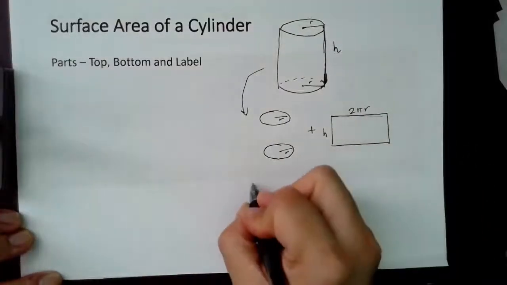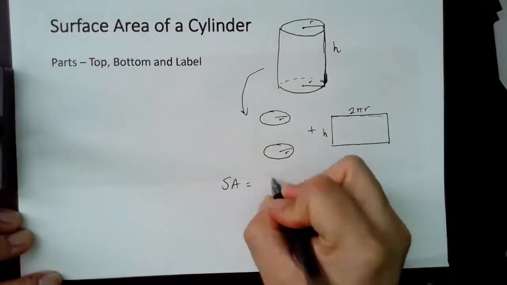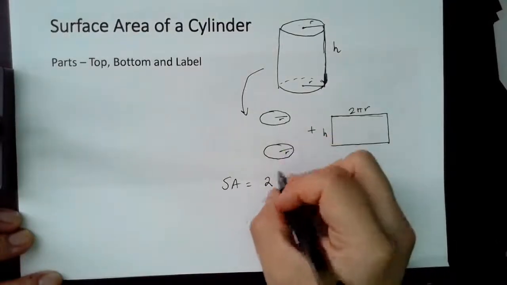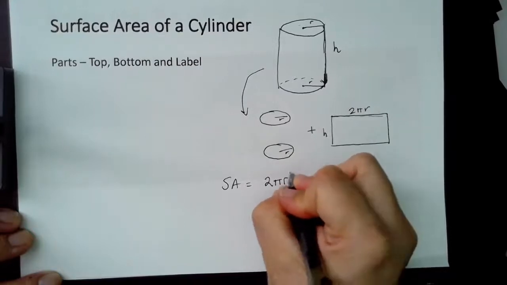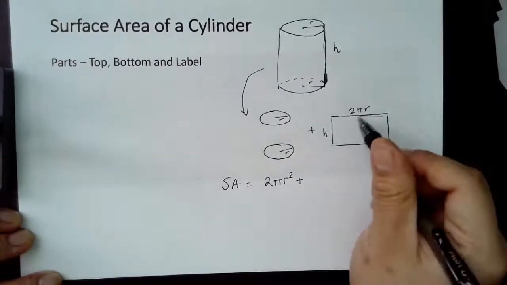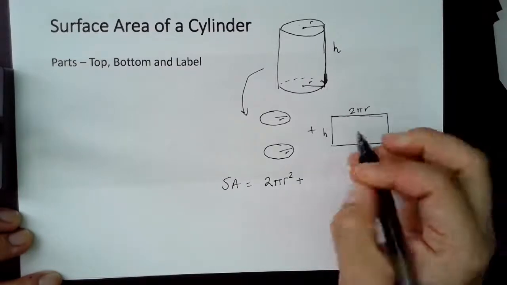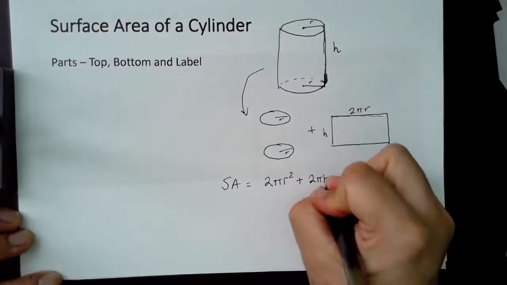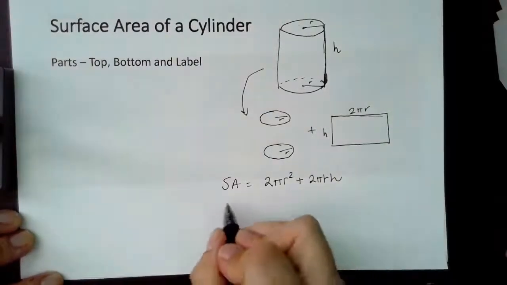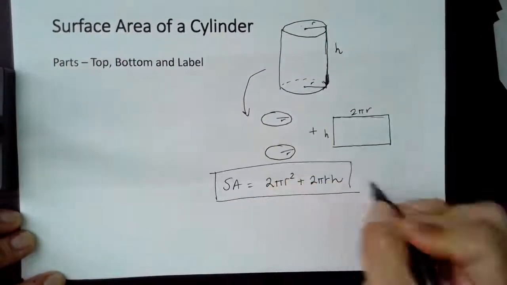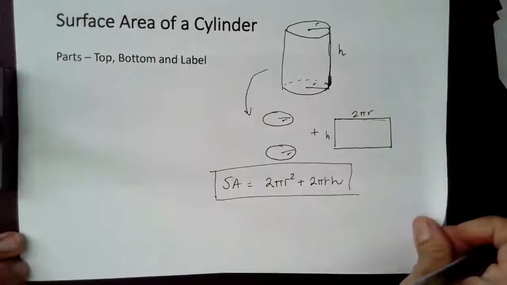The surface area is going to be 2 times, because there are 2 circles, the formula for area of a circle is pi r squared, plus, and then here you have 2 pi r for the base times the height, which is h, so 2 pi r h. And that's how we get the formula for surface area of a cylinder.